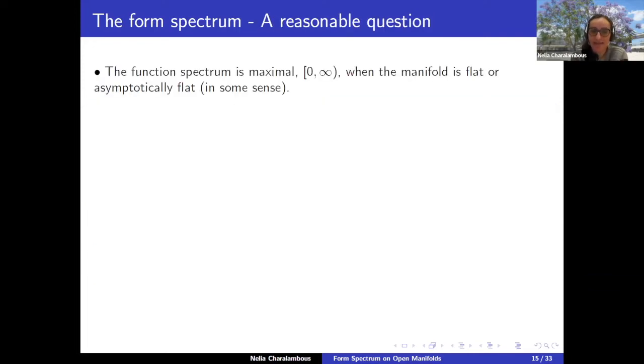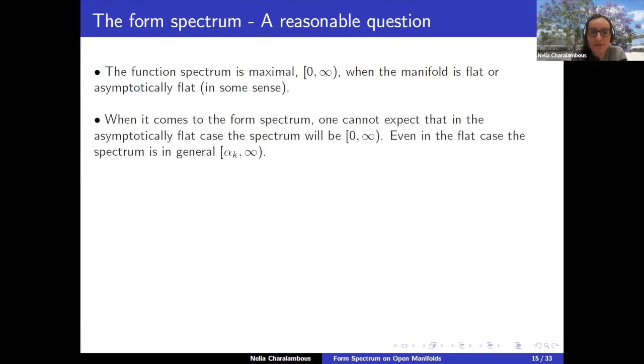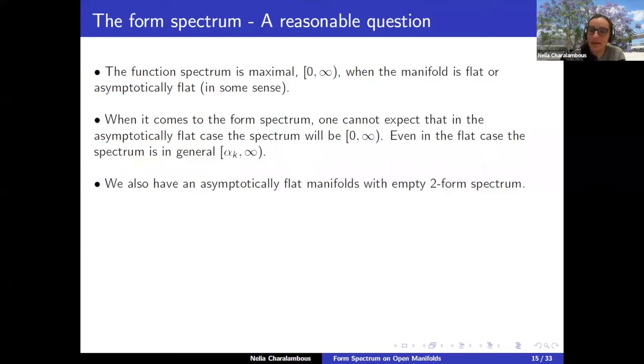So like I said, for the function spectrum, we know it's maximal when the manifold is flat or asymptotically flat in some relatively general sense. But for the form spectrum, we can't expect it to be maximal even in the flat case. And we've seen an example in the asymptotically flat case where the two-form spectrum is even empty.